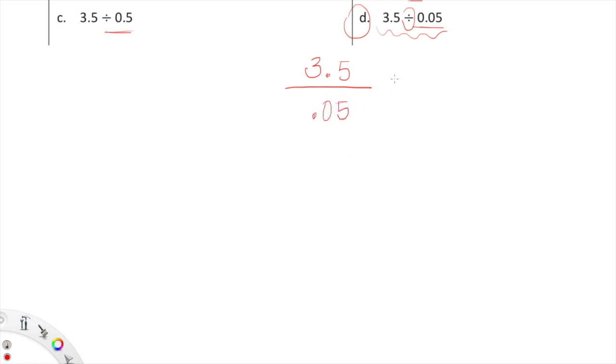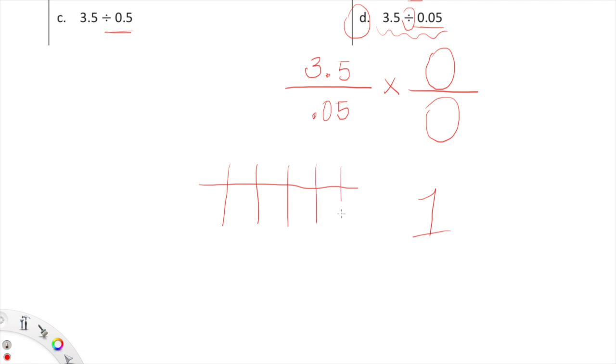So what we need to do is multiply this by some fancy version of 1. You all know that we can rename whole number 1 in fraction form by just making sure that our denominator and our numerator are the same. Our goal is to shift these two numbers out of their decimal form and into their whole number form, because whole numbers are just a little bit easier to compute mentally.